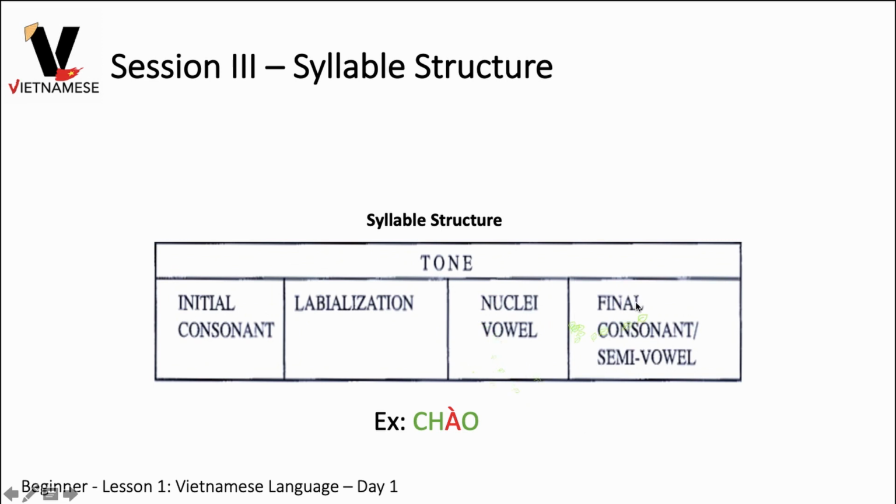And a word stops with the final consonant or the semi-vowel. And the whole word is covered by a tone. And one more thing is, in the syllable structure, the nuclear vowel and the tone are compulsory, while the other things can be omitted.